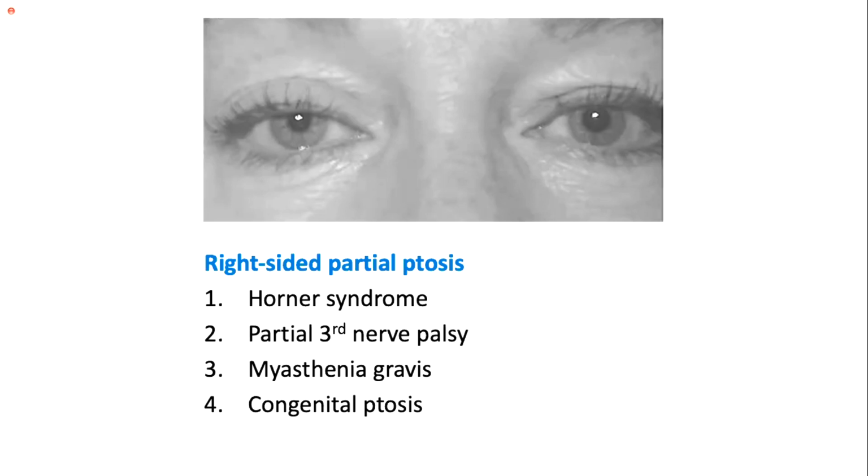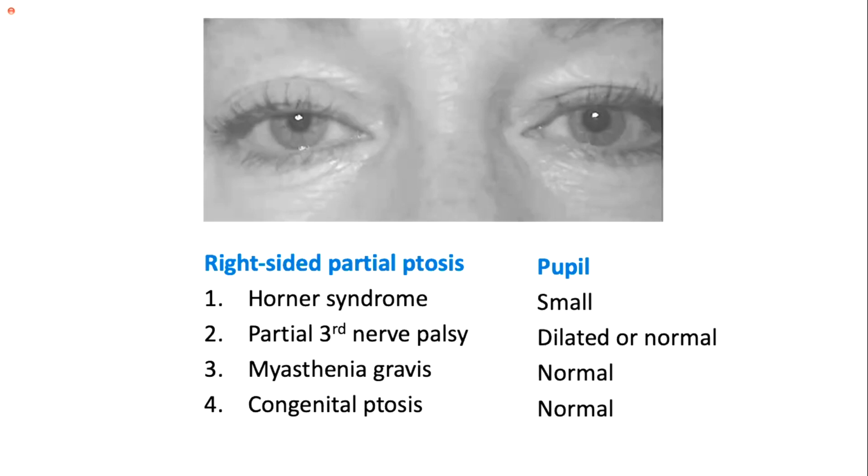So how do we differentiate between these conditions? The key is the pupil. That is why it's so important. If you remember the steps that I told you in examining the eyes neurologically, one of the steps is looking at the pupil. Now in Horner syndrome, the pupil is small.